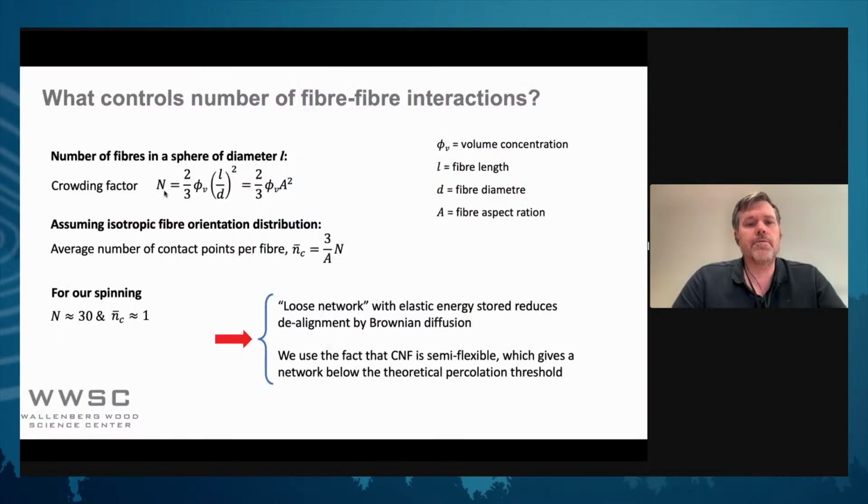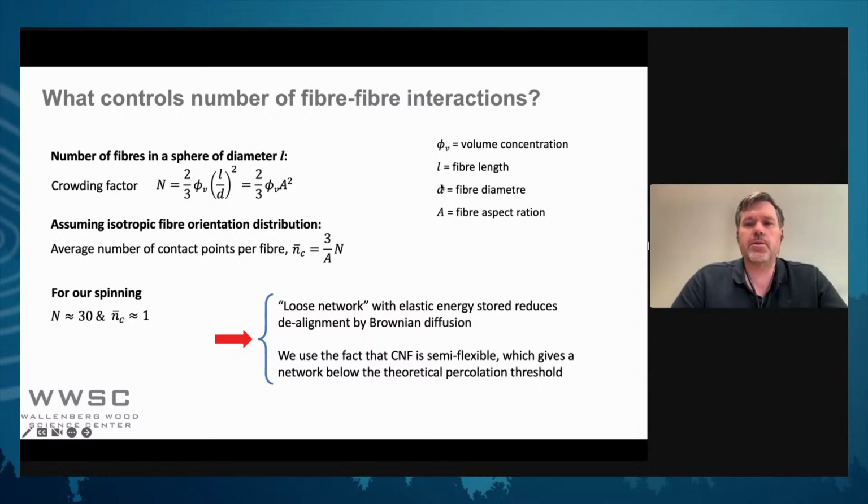How many fibers do we have in a sphere that is set up having the length as the diameter of the sphere? So we have a fiber and we have a sphere that is the same dimension as the fiber. How many fibers at the same time do we have there? It's quite easy to calculate. It's something the students do in the course on pulp and paper processes, and try to deduce that. It's quite simple.